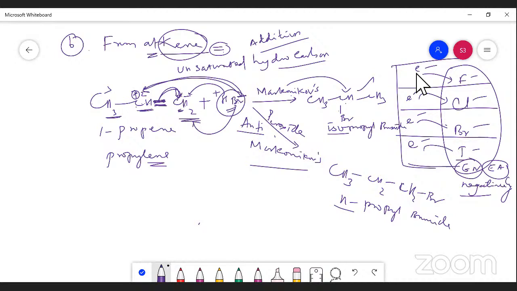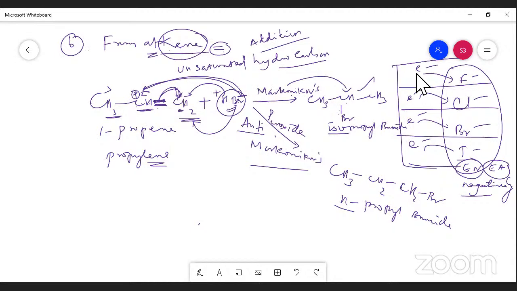Preparation of alkyl halides by using alkenes. Now we are preparing alkyl halides. This is isopropyl bromide. This is n-propyl bromide. Both are possible. The iso is possible with Markovnikov, and the n is possible with anti-Markovnikov. That's the point.